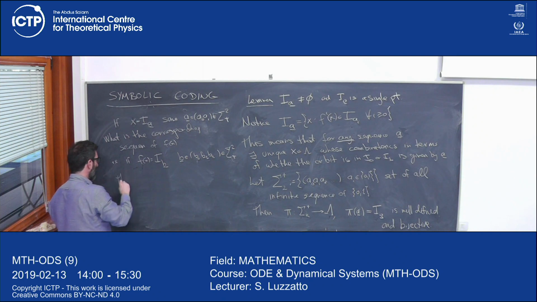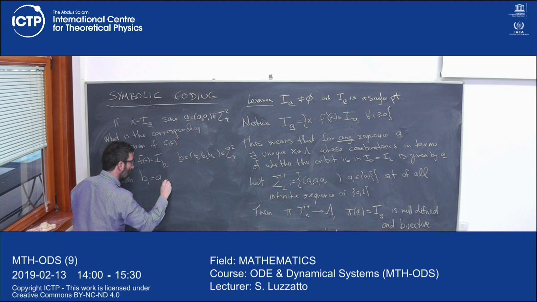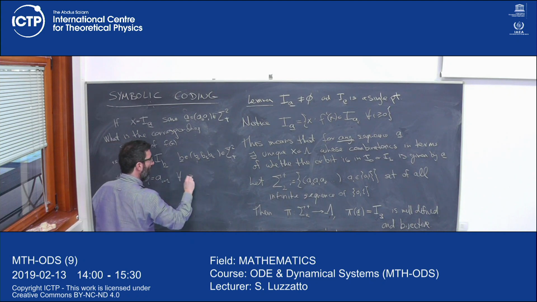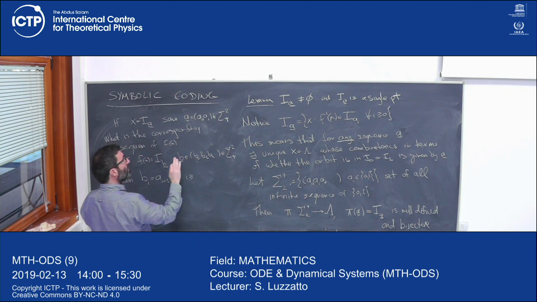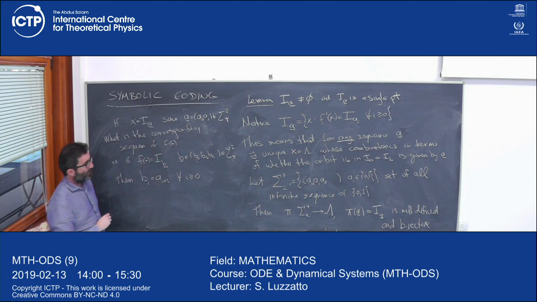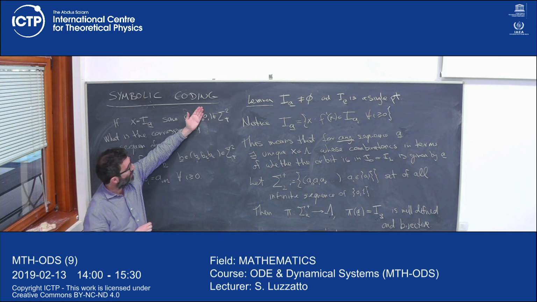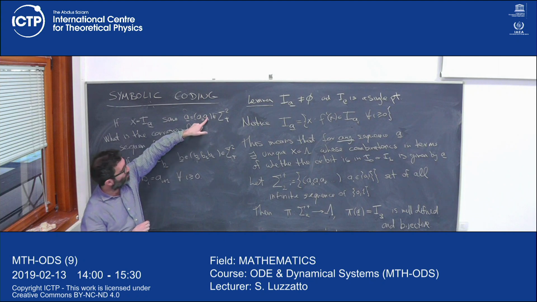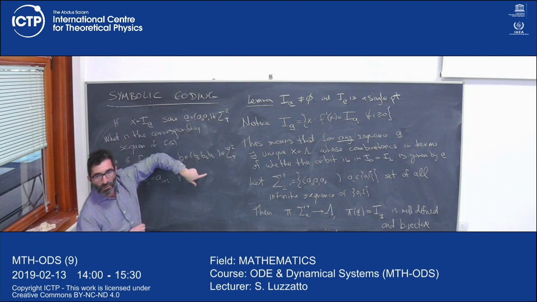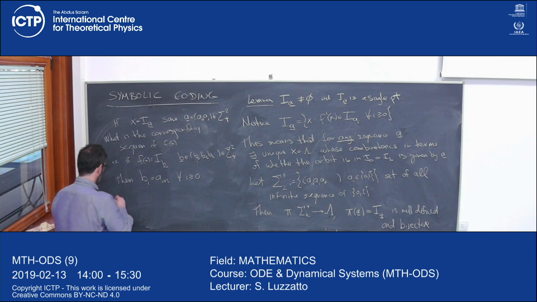Okay, so then this means that bi is equal to a i plus 1 for all i greater than 0. So this sequence here is exactly this sequence, but starting from A1. That means that B0 is equal to A1, B1 is equal to A2, and so on. So we can define a map.